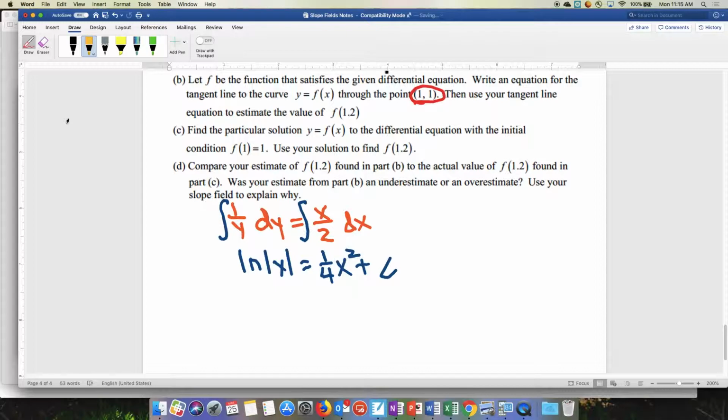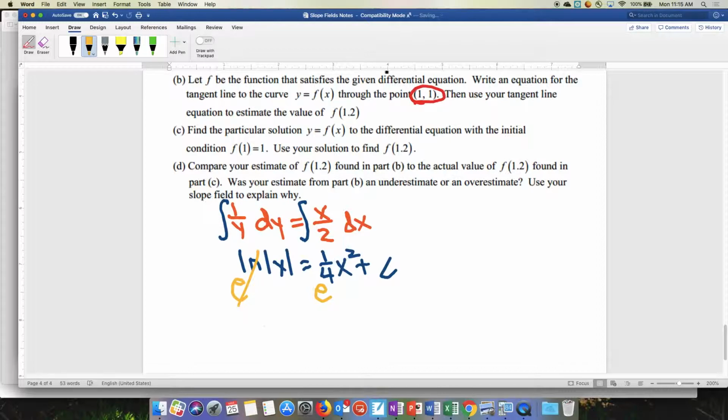Okay, we need to solve for y. So since we have the natural log of y equal to all of this, I'm going to exponentiate both sides so that the e to the natural log cancels out.